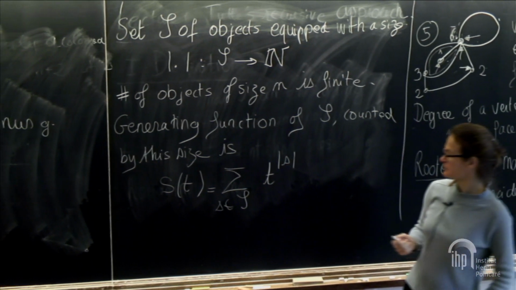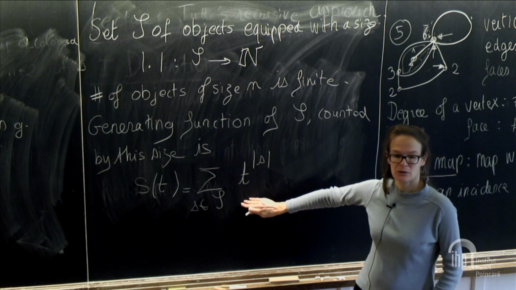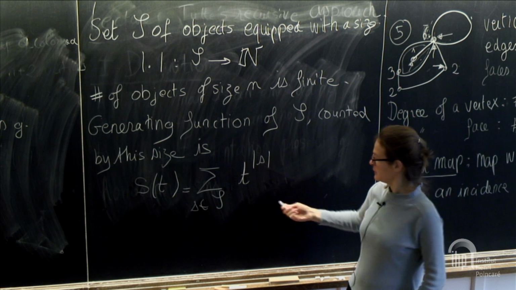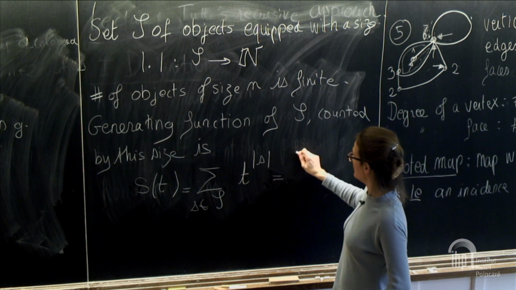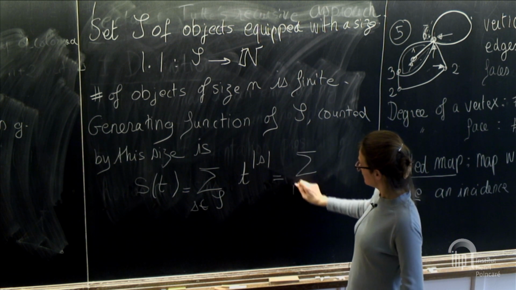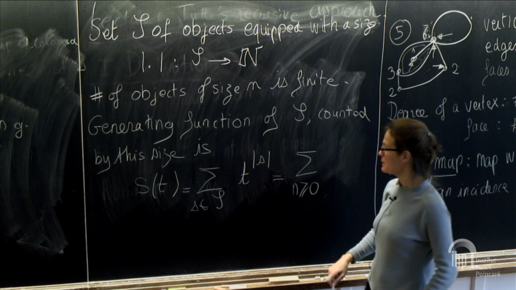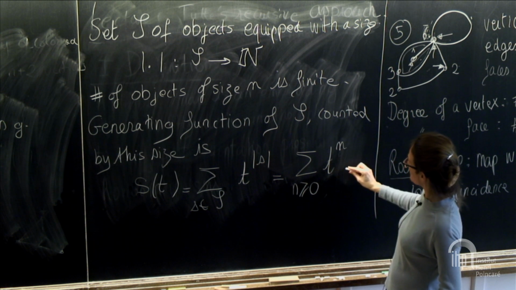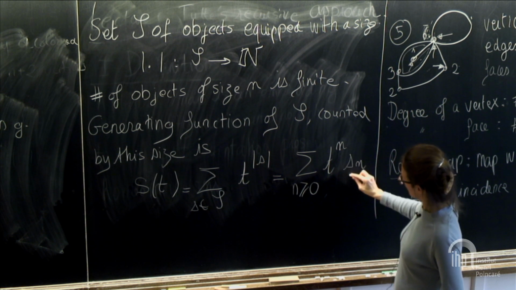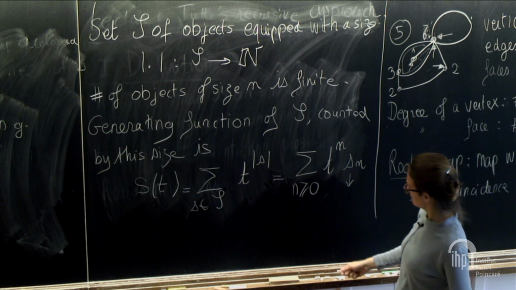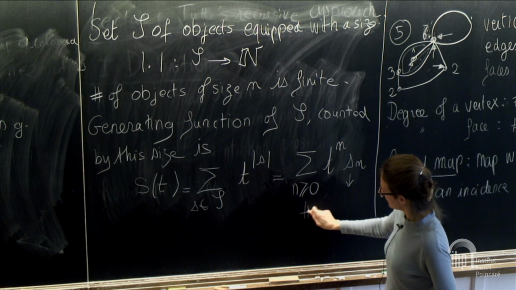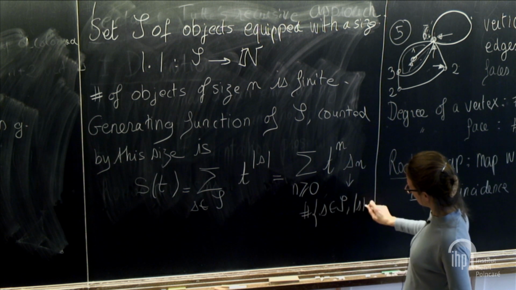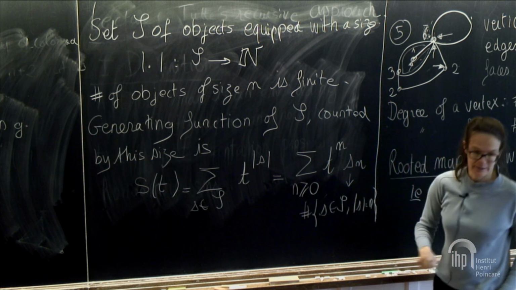Okay. So every object contributes some monomial in your generating function. And so you can think of this differently as the sum over all possible sizes n of t to the n times the number S_n, which is the cardinality of the set of objects of size n.